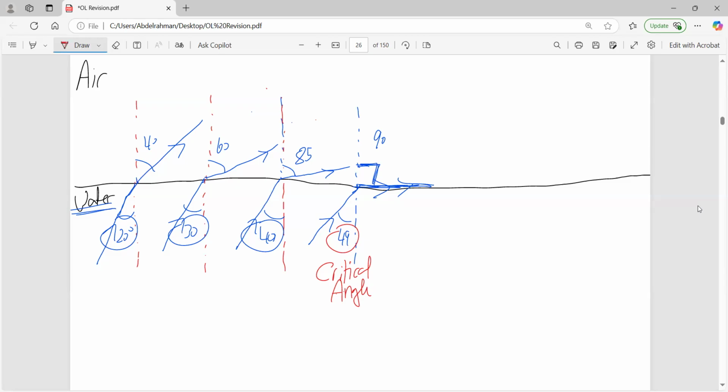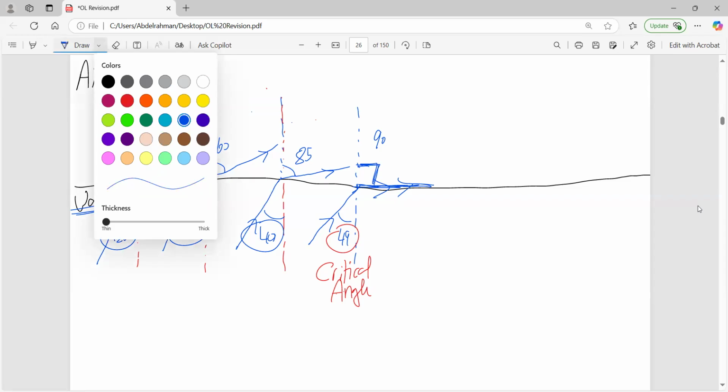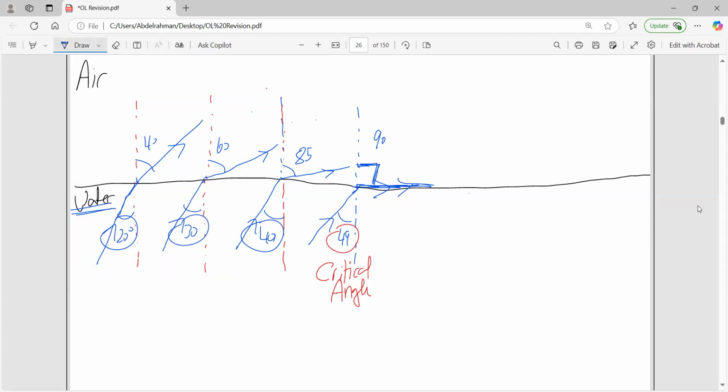What happens if I increase the angle of incidence from the more dense medium more than the critical angle? A very important phenomenon, which is the total internal reflection. No light will be able to exit. No light will be able to escape this medium.